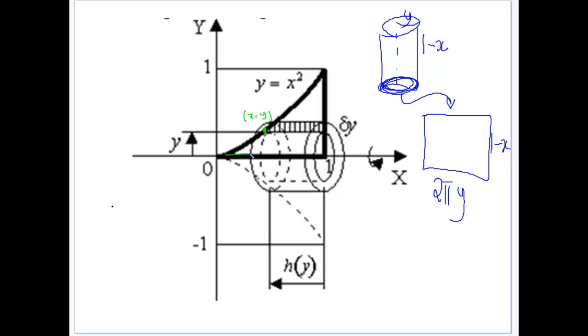Our distance there would be x, and we take that away from 1. That's where we get 1 minus x as the height of our cylindrical cross section, which becomes a rectangle. Then we need 2 times pi times the radius. The radius is y, because we go across x, up y. So that's where we get 2 pi y.